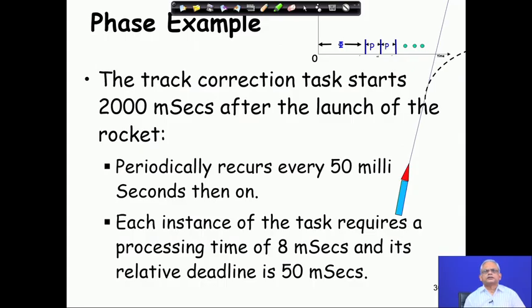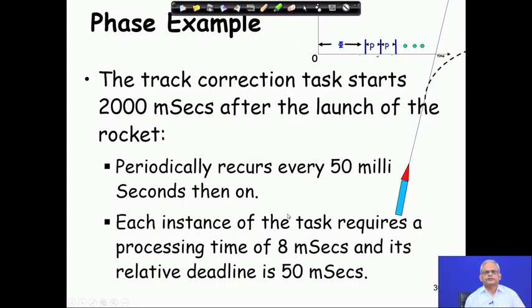Let us say that the track correction task starts after 2000 milliseconds of the launch of the rocket. So, the phase of this track correction task is 2000 millisecond, and then the first instance of the task starts after 2000 millisecond, and then it periodically recurs every 50 millisecond, and the execution time may be 8 millisecond and deadline is 50 millisecond.